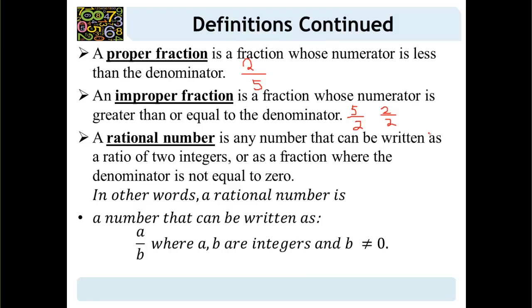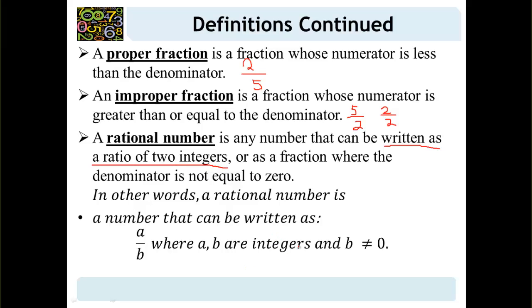And our main topic here is the rational number. A rational number is any number that can be written as a ratio of 2 integers. Now the key words here are written as a ratio of 2 integers.